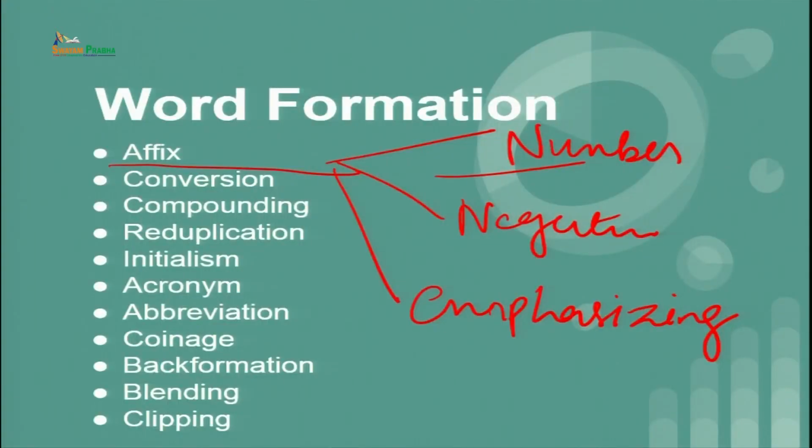Then there are negative prefixes, or you can say prefixes of negation. So, what happens in negation? You put morphemes like un, non, and you say unconventional, or you say non-academic. These are the words that indicate that prefixes are added as negation.